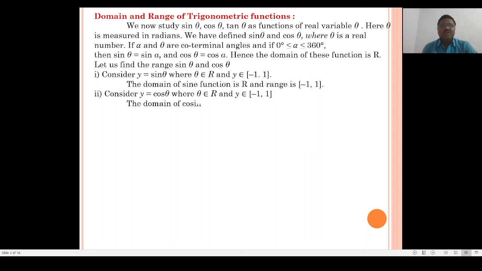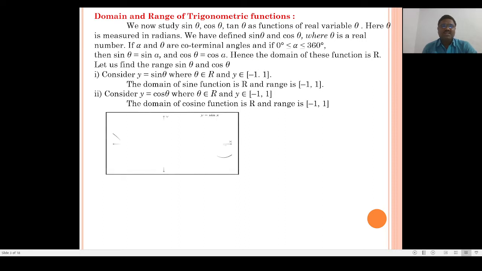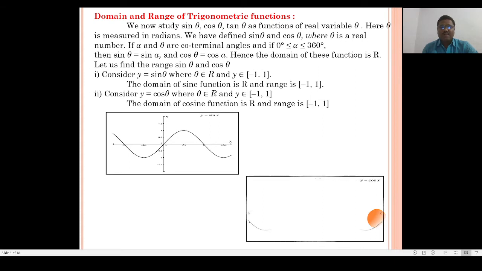So then the domain of cosine function is R and range is the closed interval -1 to 1. And see, this is the graph of sin x, and also the graph of cos x. Same waves, but values are different.